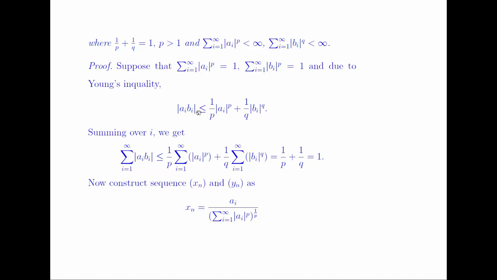And now if we take the summation over i, we get the summation of modulus of ai bi is less than or equal to 1 over p into summation of this plus 1 by q into summation of bi power q. And now the series is equal to 1, so this is equal to 1 over p plus 1 over q. And we know that 1 over p plus 1 over q is equal to 1, so the summation of modulus of ai bi is less than or equal to 1.